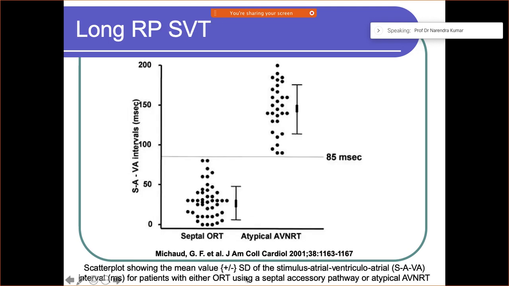Whenever we are looking out for a long RP supraventricular tachycardia, the differential diagnosis is most commonly atypical AVNRT and of course a septal ORT as well.